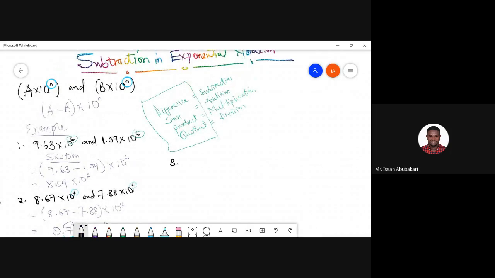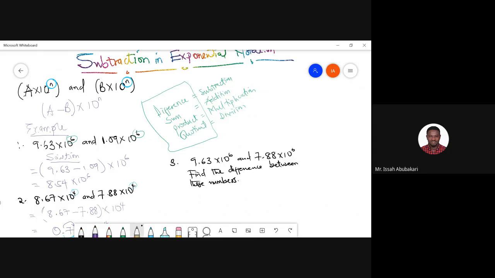If I have 9.63 times 10 power 6 and 7.88 times 10 power 6, find the difference between these numbers.